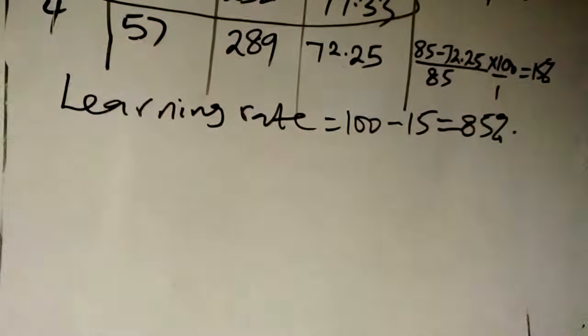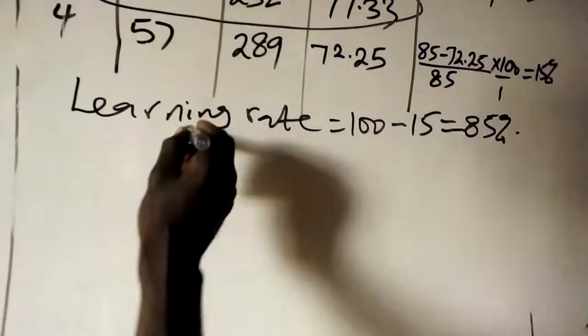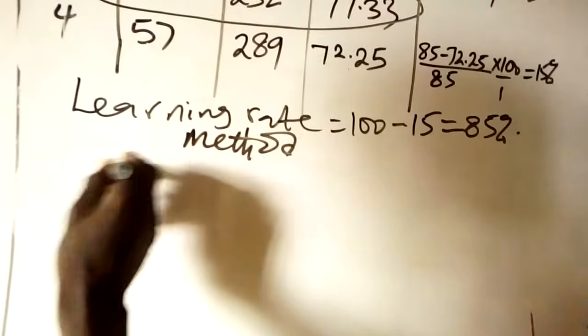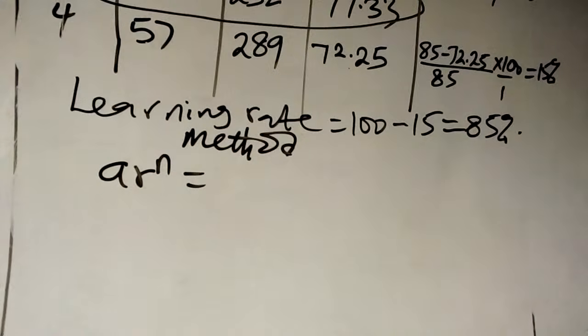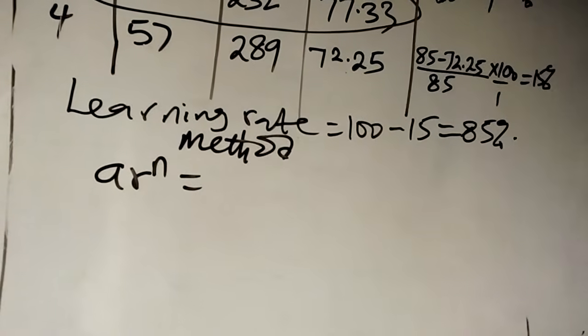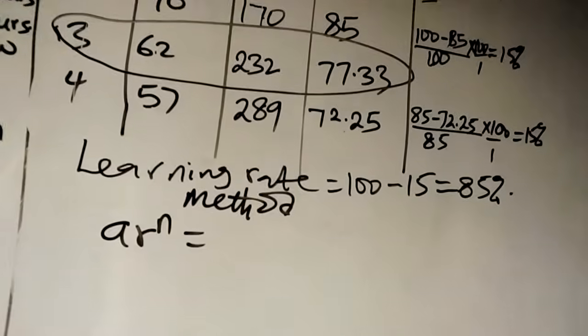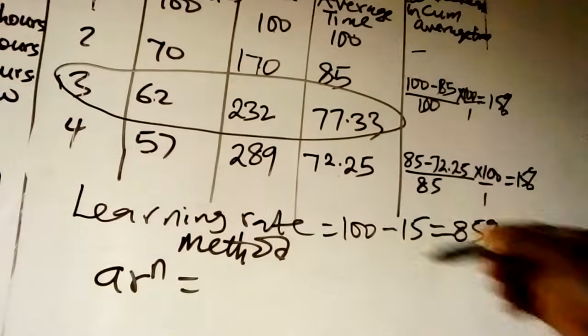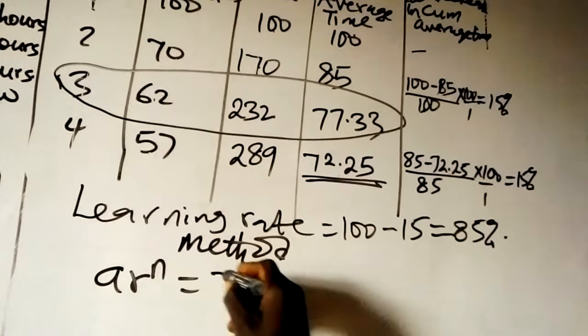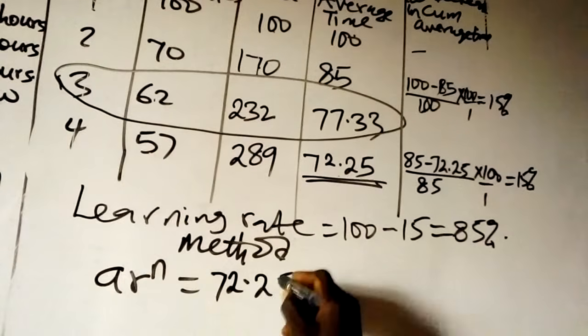To use the algebraic approach, method 2, we have A R raised to power n, and I've told you that this will be equal to the cumulative average time per unit, and that is 72.25. So you equate it to 72.25.